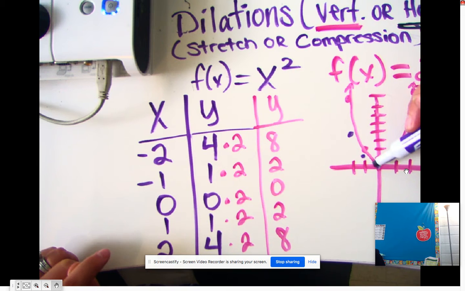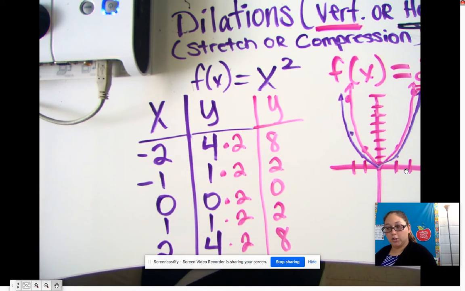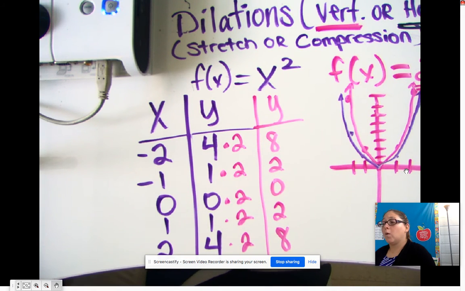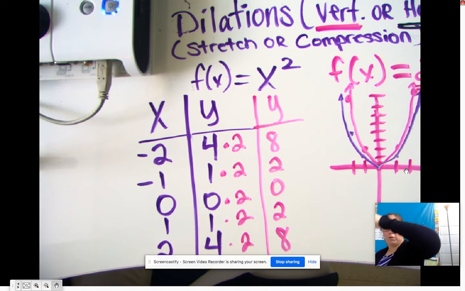So from the parent function, which is the purple, to the dilation, which is the pink, what happened? It got skinnier, right? Or because it was vertical, because it was the y values, we could say it was a vertical stretch.